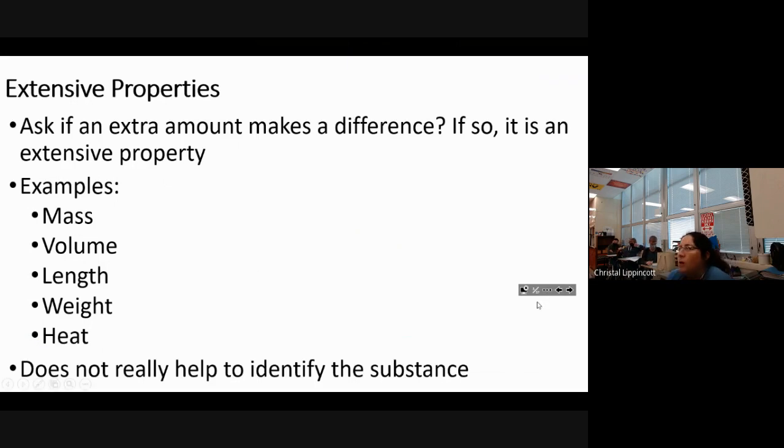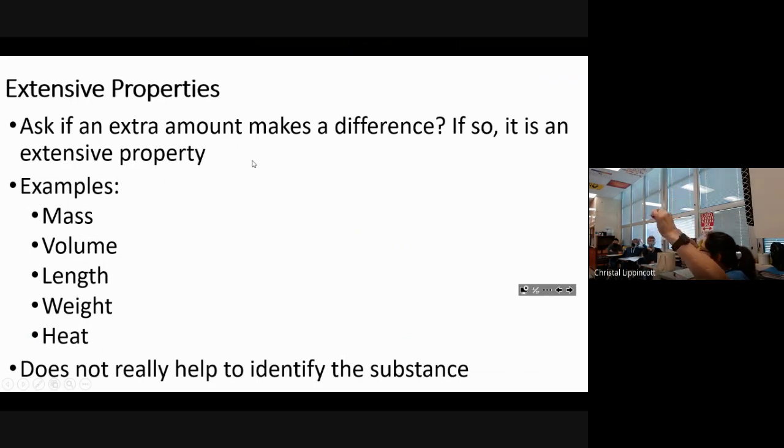Good. So extensive properties. What you need to do is ask yourself, is an extra amount going to make a difference? If I laid these popsicle sticks end to end and measured their length, and then added 4 more, would the length increase? Then that's an extensive property.